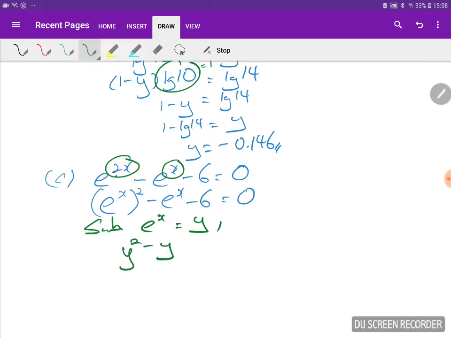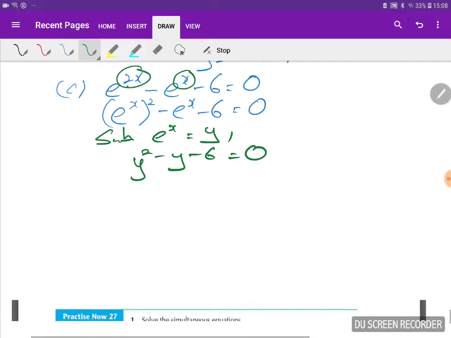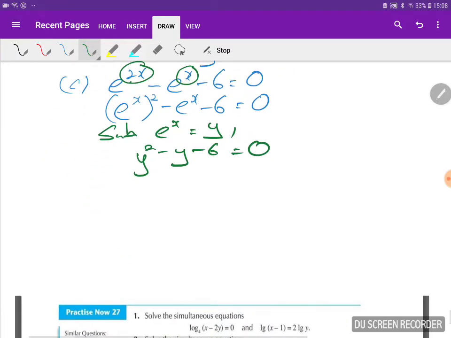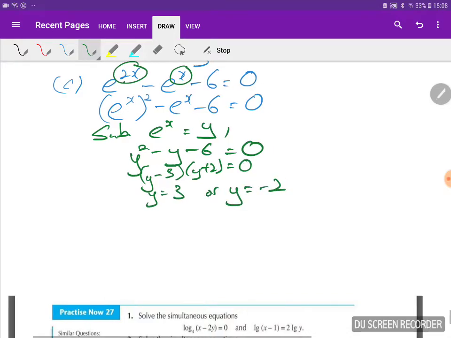Y squared minus y minus 6 equals 0. And then you can factorize. So y equals 3 or y equals negative 2. So replace the y, e to the power x equals 3, e to the power x equals negative 2. So how do we solve e to the power x equals 3? You take ln on both sides.